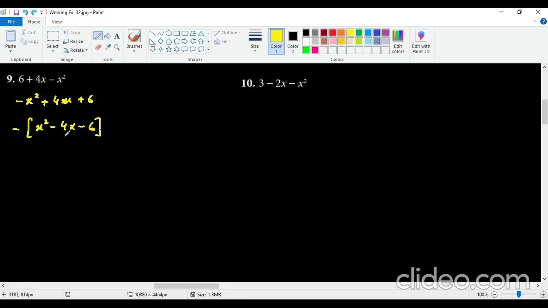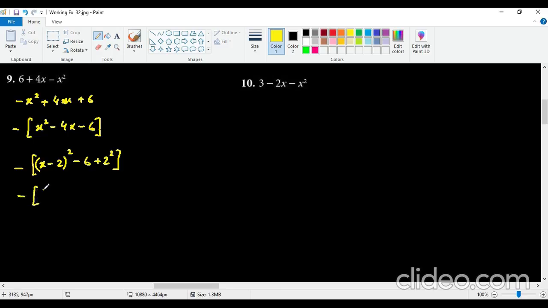Now the first two are going to give us something we are familiar with as minus, this is going to be (x − 2) in the bracket and whole square, and then minus 6 is already there. And in here, plus 4 is going to be plus 2 square, in fact, the way we are familiar with, and then it's going to become negative.